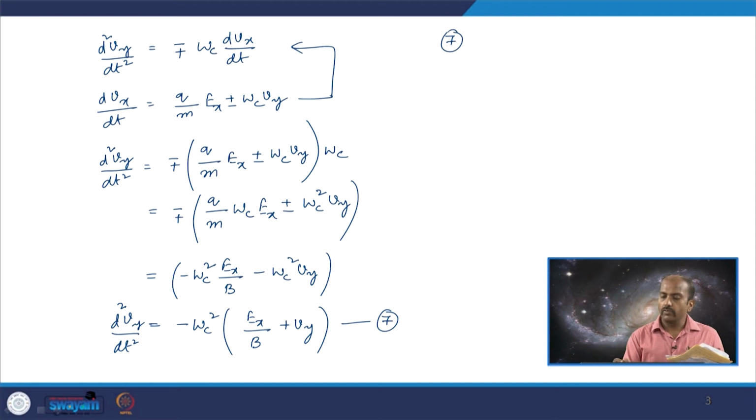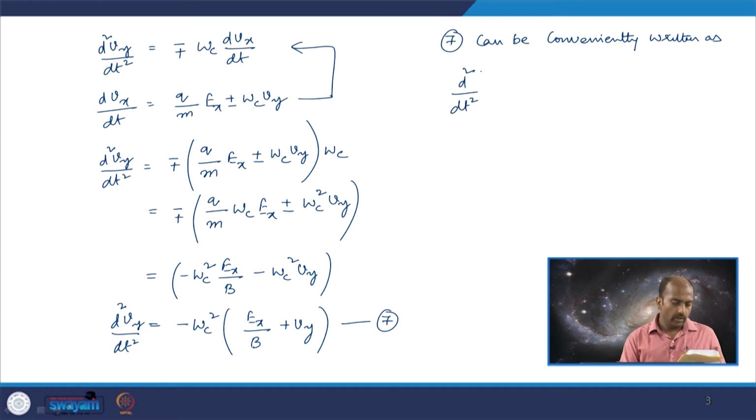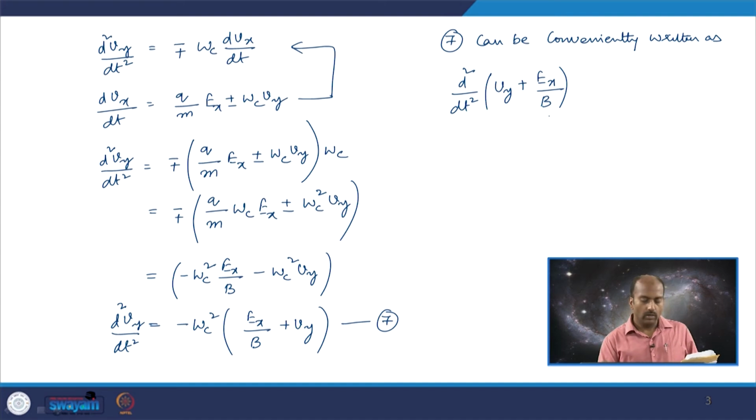The equation number 7 can be conveniently written as d square by dt square of Vy plus Ex by B is equal to minus omega c square times Ex by B plus Vy.